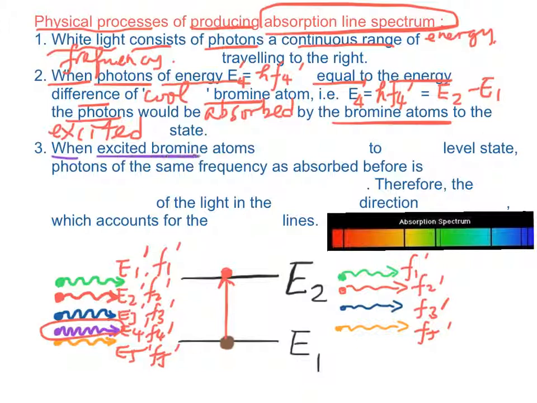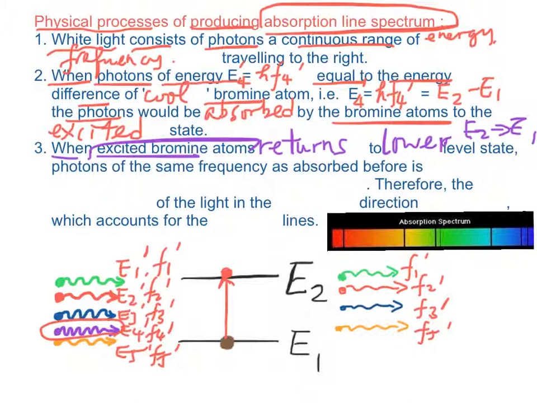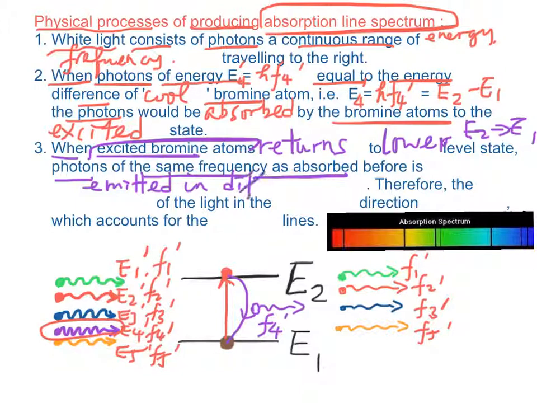Now, when the excited bromine atoms return to the lower level state, that is from E2 to E1, a photon of the same frequency as absorbed, that means a photon of frequency f4, is emitted in different directions.